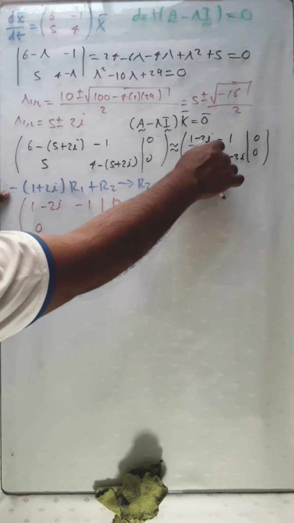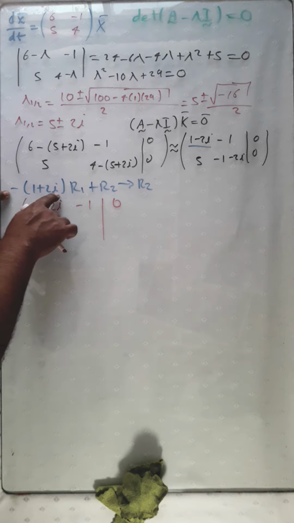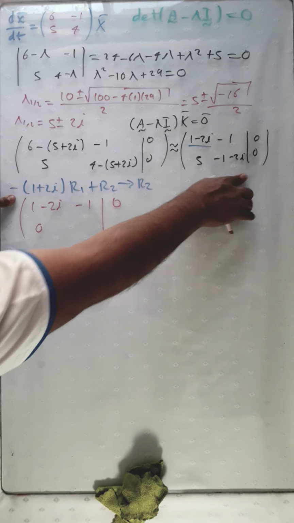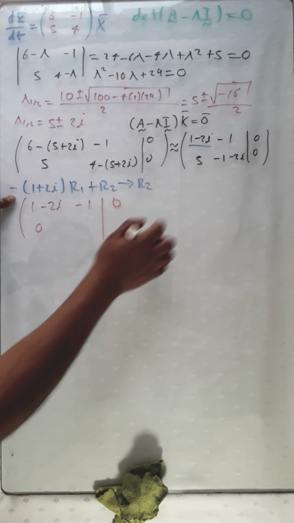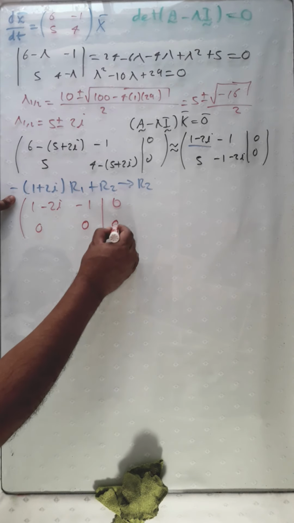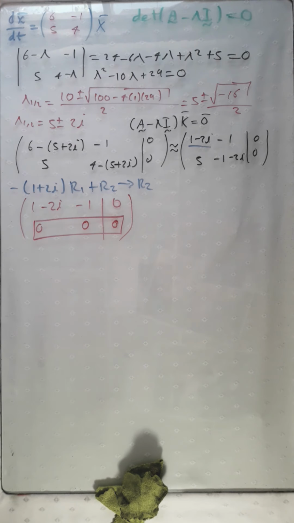Negative times negative is going to be positive. So 1 plus 2i, plus 1 minus 2i, that is 1, and then minus 1, 0, and 2i minus 2i is 0. So what happens here is that you got the row equal to 0. That means that we are okay.